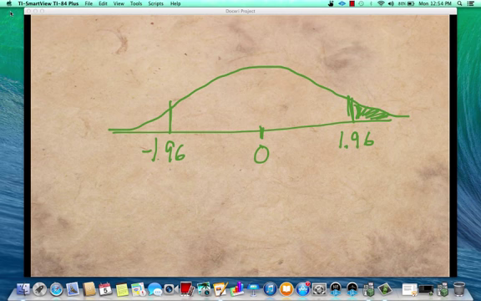Nice looking model here, I'm telling you. If the z-score that we calculate is in between this boundary, we're going to end up failing to reject the null hypothesis.